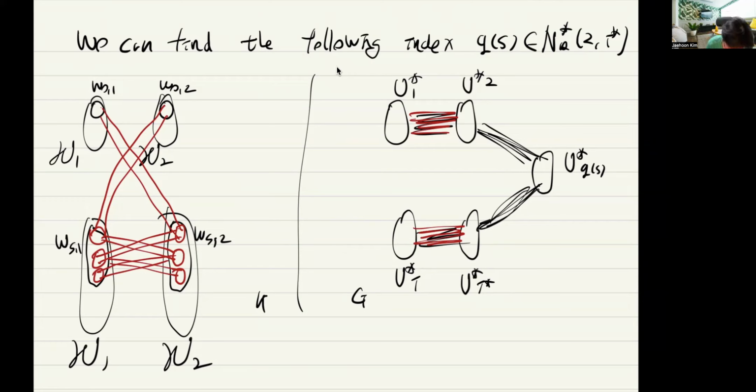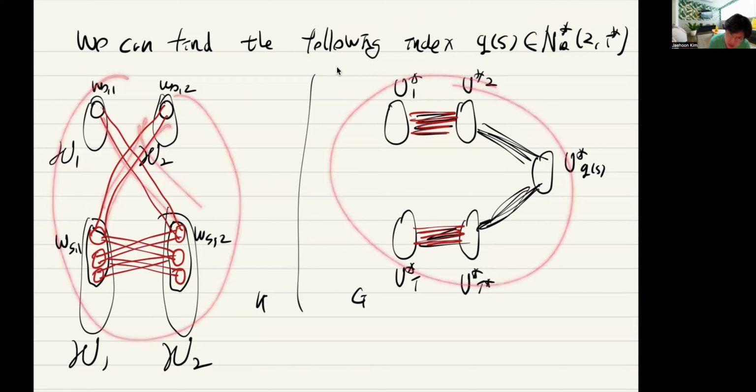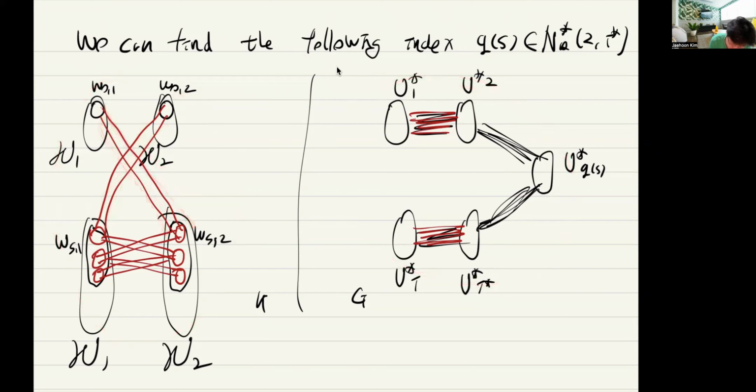Okay, what we do is that we want these edges to respect the structure here. So these edges are not good because we don't know whether there is epsilon regularity between here and here. But these are crossing. So what we do is we take YQS and then we assign some vertices here to here so that this edge structure becomes respecting this structure.